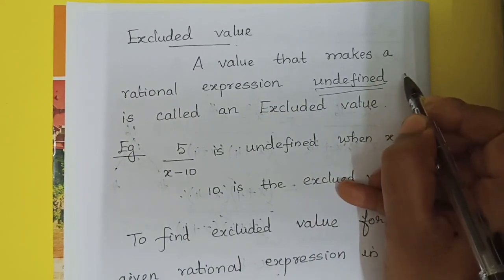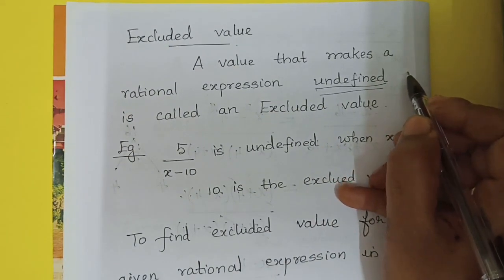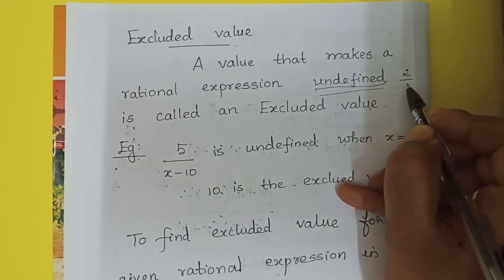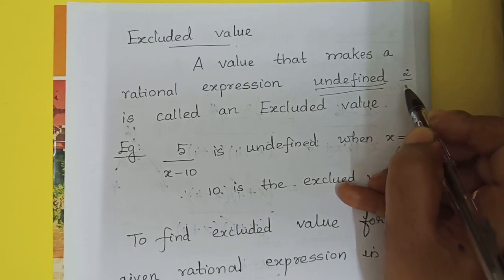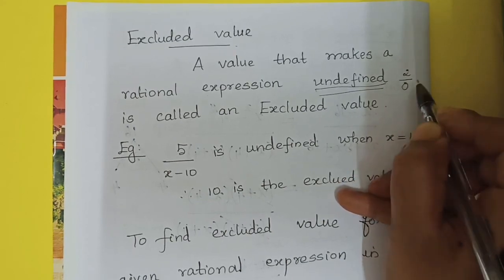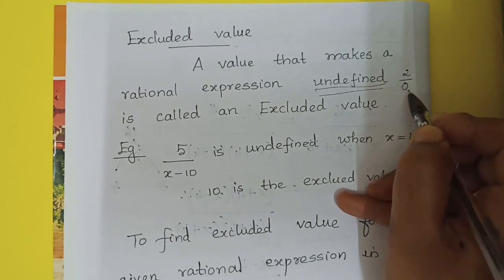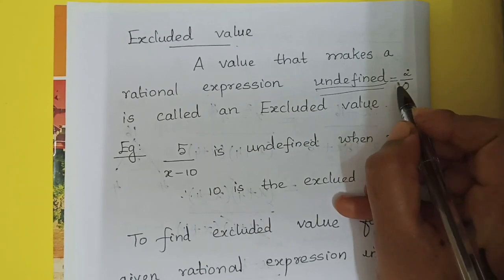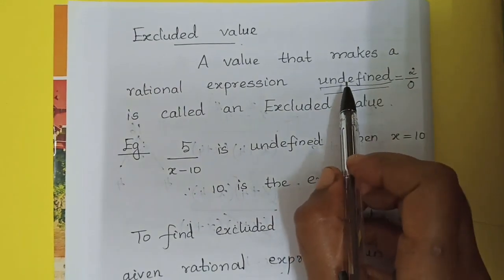A number. First I am saying for number. Then for expression we can learn a number, any number 2. By which number makes it undefined? 0. Correct. So a number by 0, what is a value? Undefined.